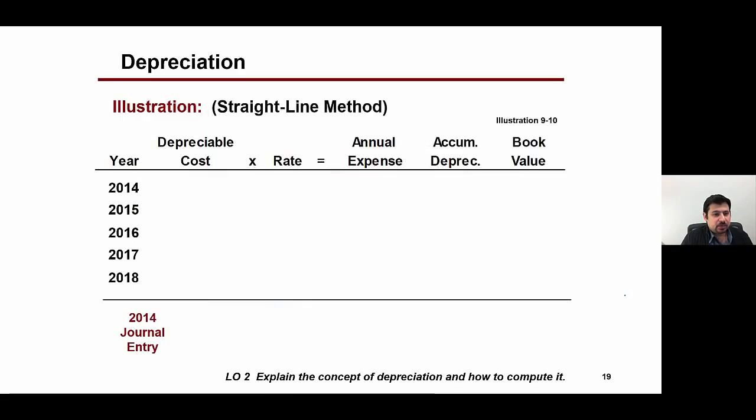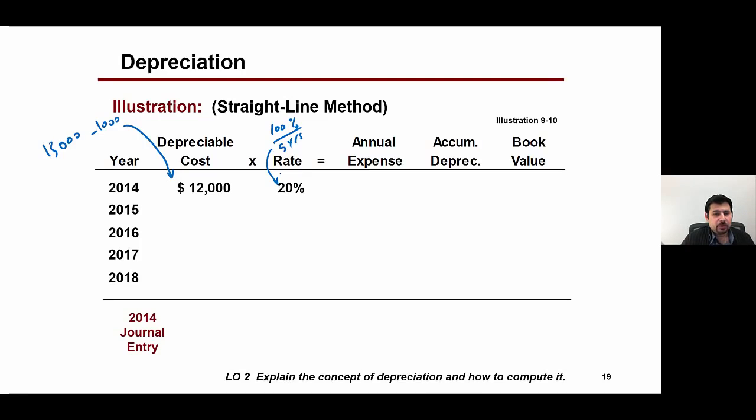Let's see how this plays out. The depreciable cost, once again, is 13,000 minus the salvage value of 1,000, which is 12,000. We multiply it by the depreciation rate, which is 20%, again 100% divided by 5 years.